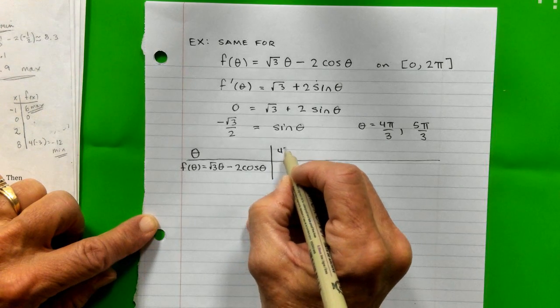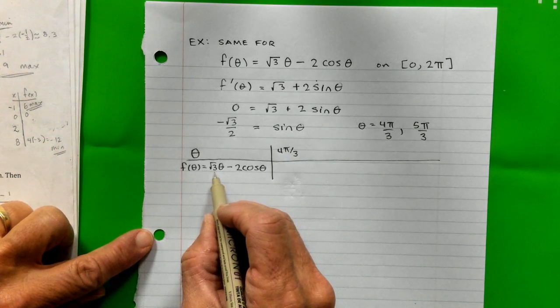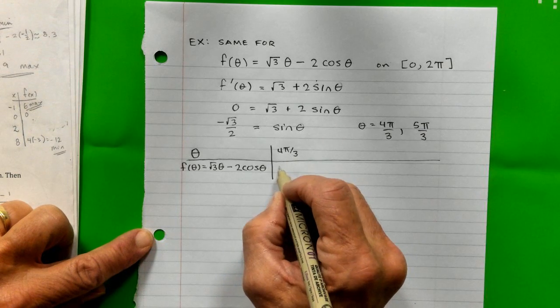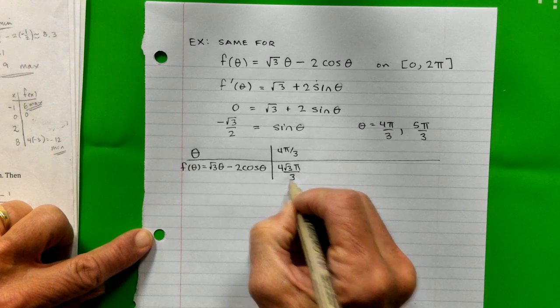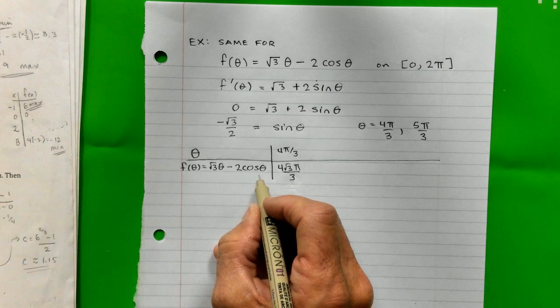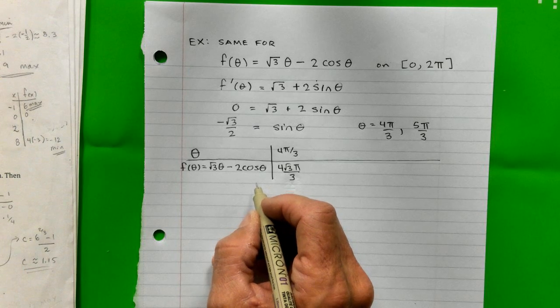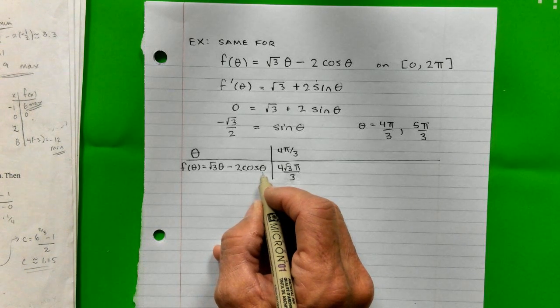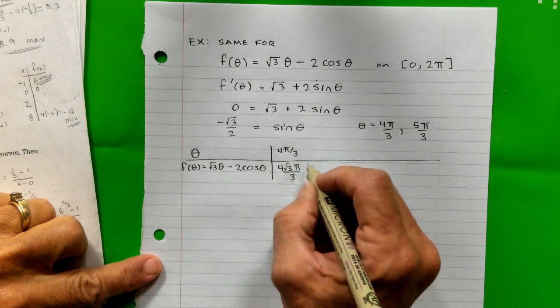So we're going to go with 4 pi over 3. So square root of 3 times 4 pi over 3 is 4 square root of 3 pi over 3. Cosine of any pi over 3 is a half, but in quadrant 3 it's a negative 1/2. So negative 1/2 times the 2 will give me 1, and I'll make that plus 1.